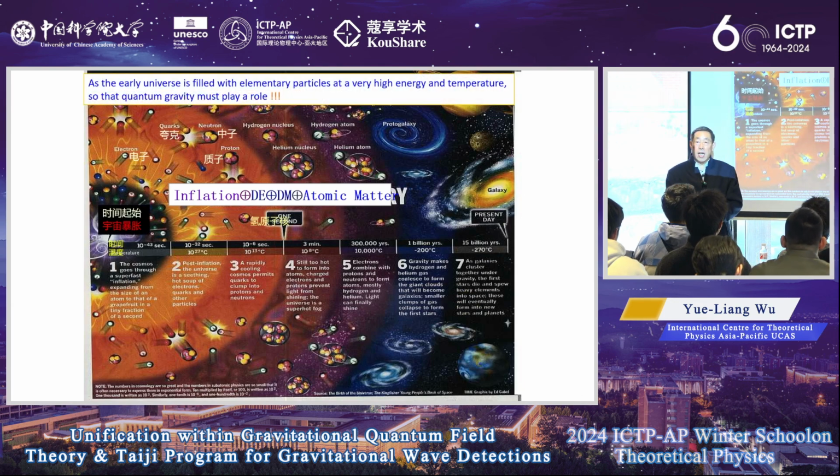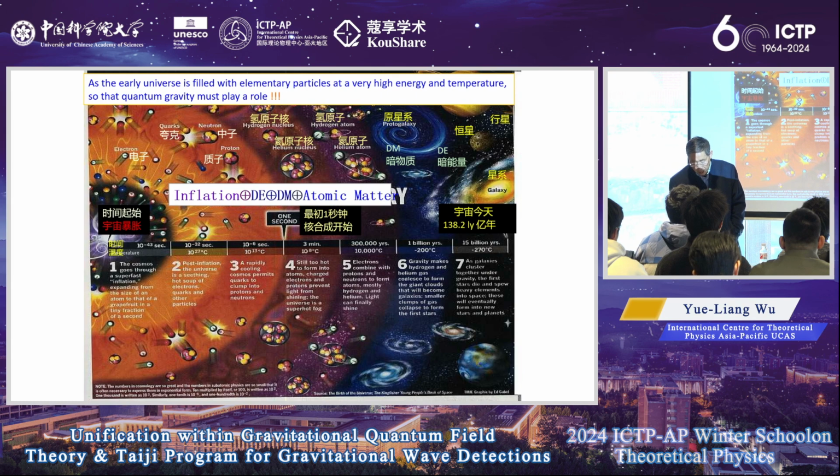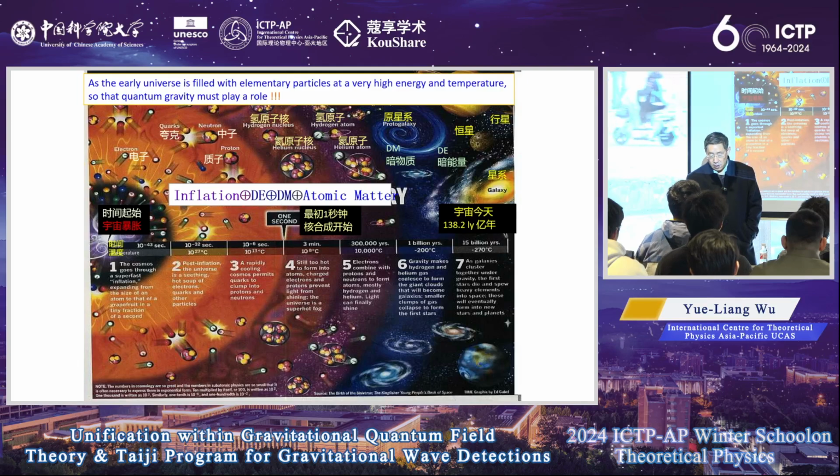But we know the early universe was at very high temperature and energies, so it should be a state of elementary particles. In that time, quantum gravity should play a more important role.